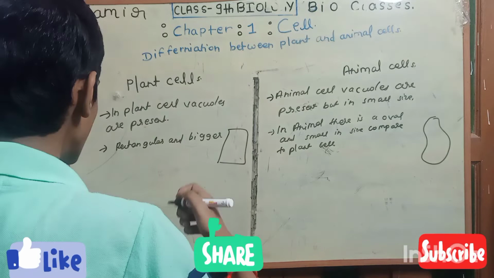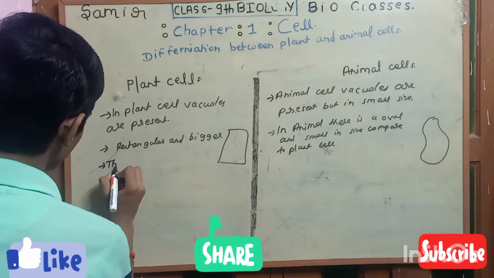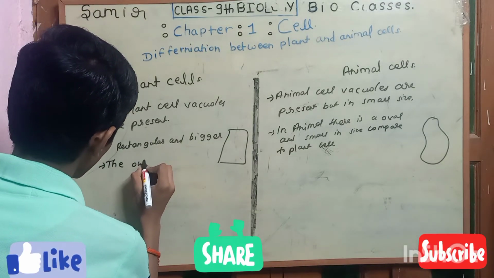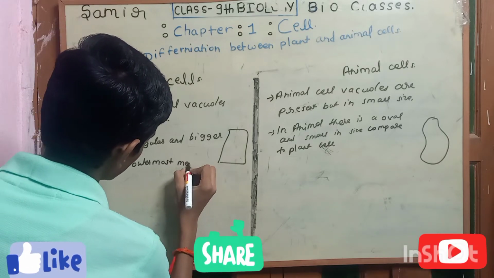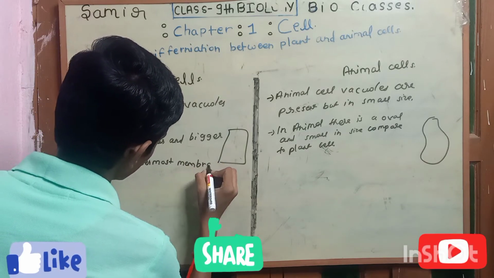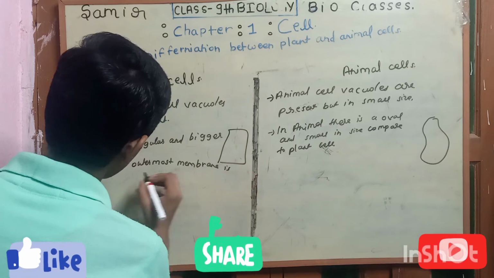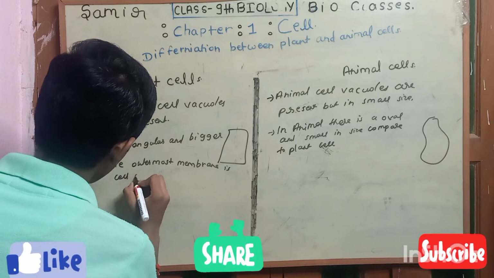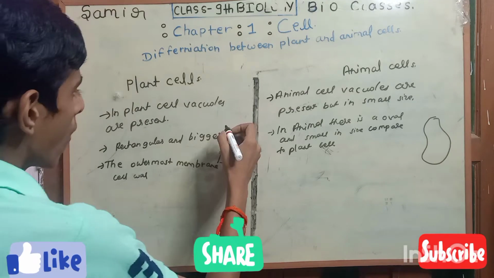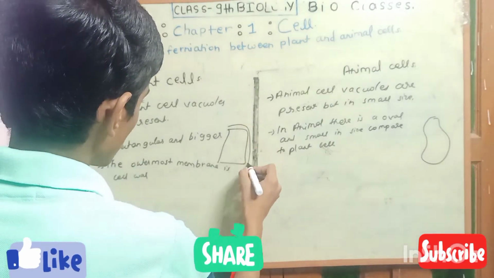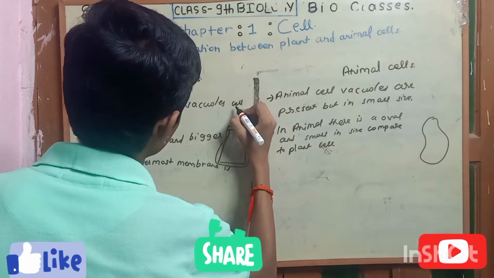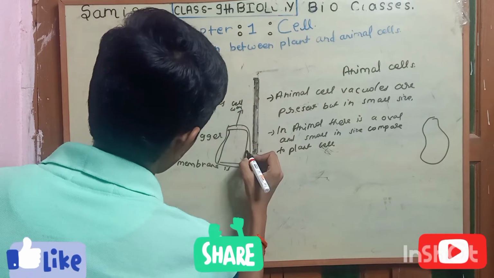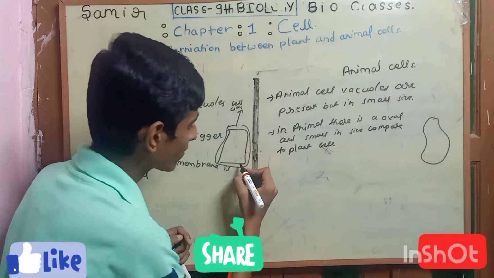In the plant cell, the outermost layer is the cell wall. This is a cell wall, and inside that this is a plasma membrane.